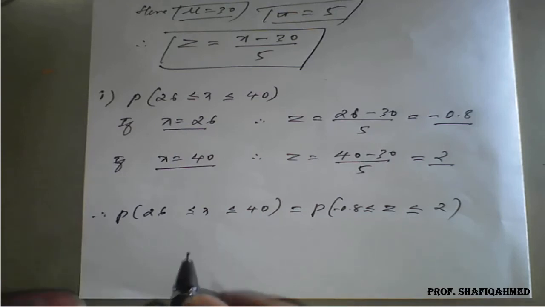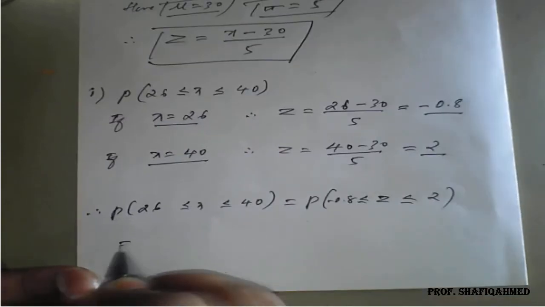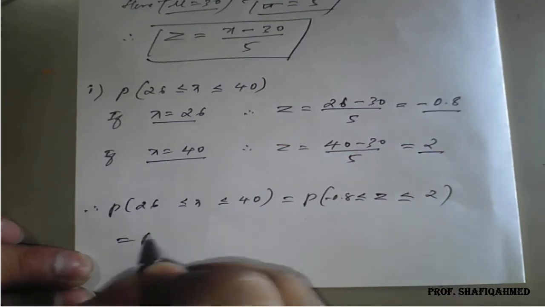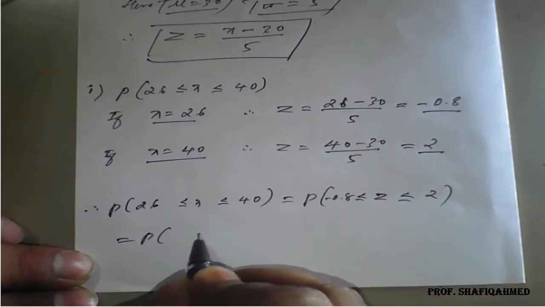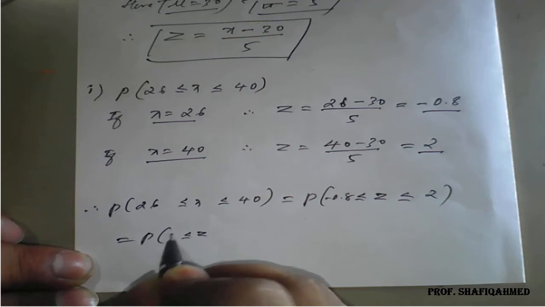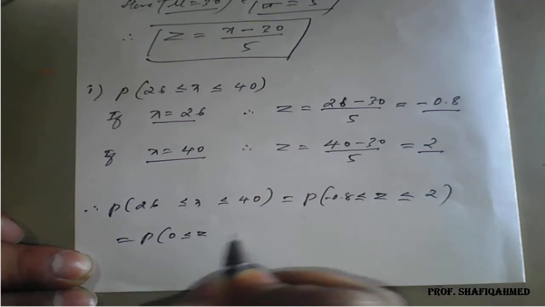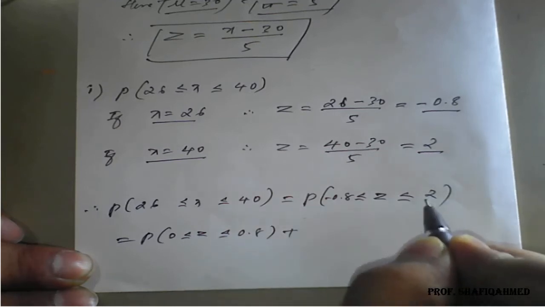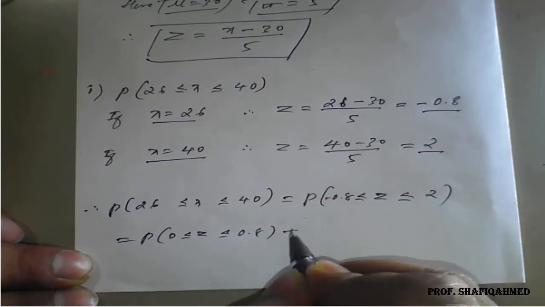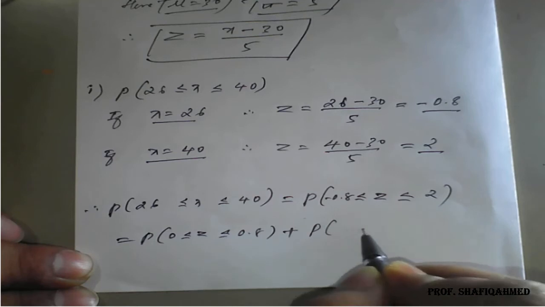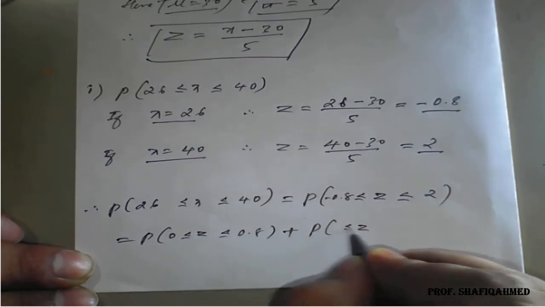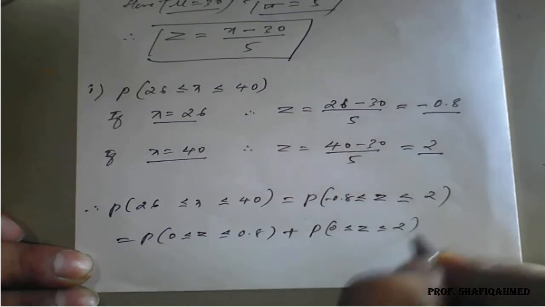This result can be written, because of this minus sign, as P of z between 0 and 0.8, plus, because this value is positive, we write a plus sign, P of z between 0 and 2 itself.